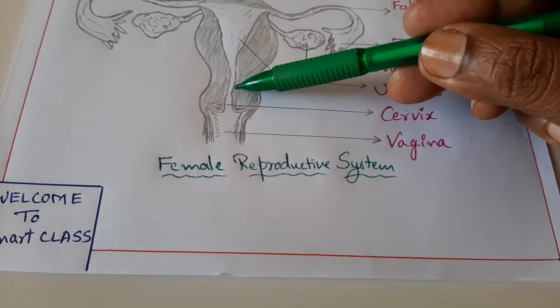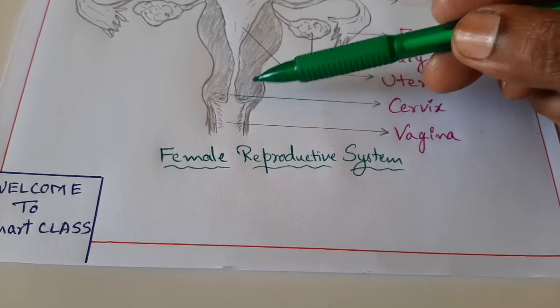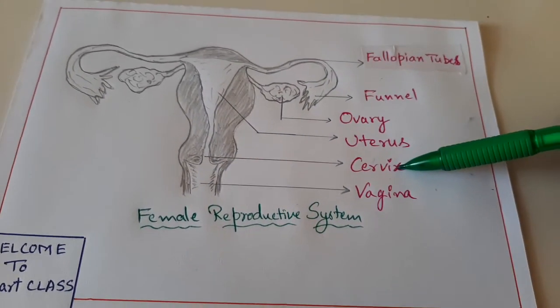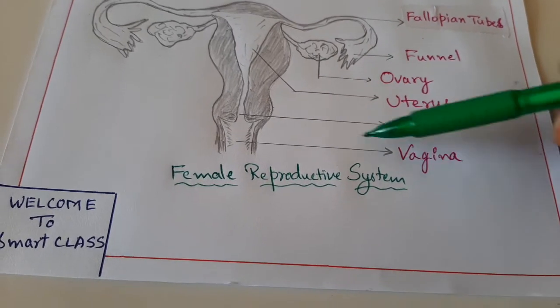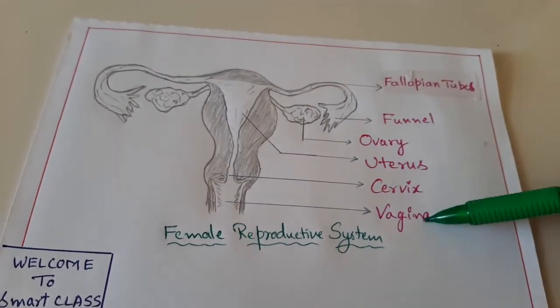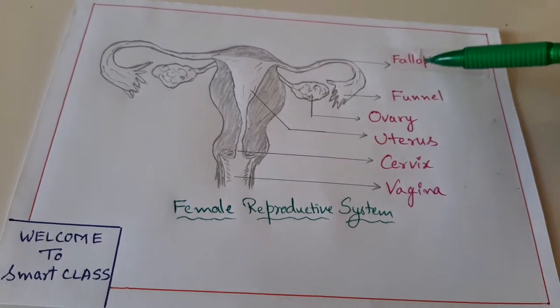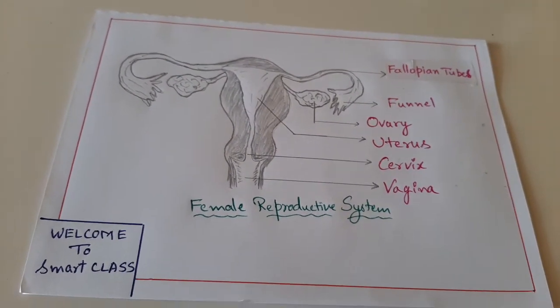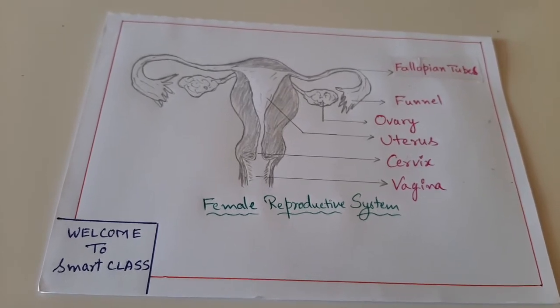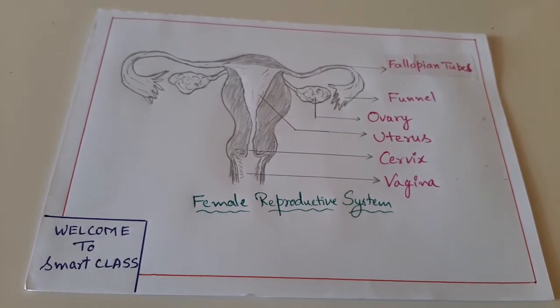And the narrow part of this uterus is called cervix, lower portion of the uterus. And this one is vagina and fallopian tubes. So these are the important parts of female reproductive system.